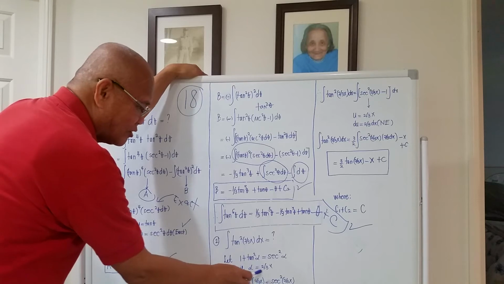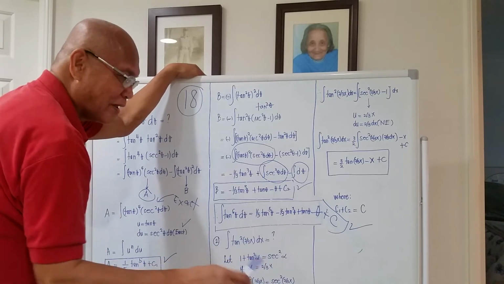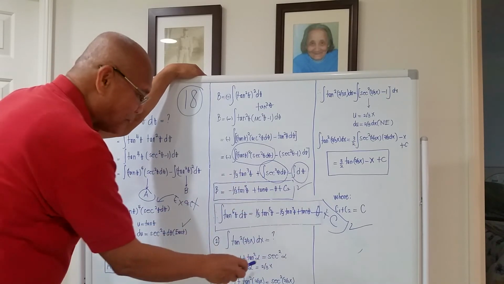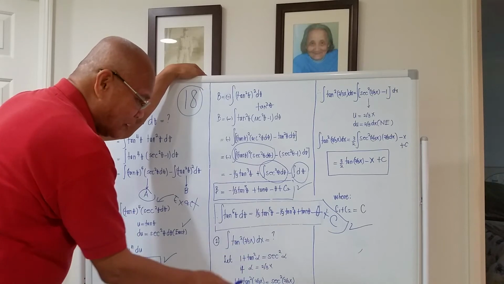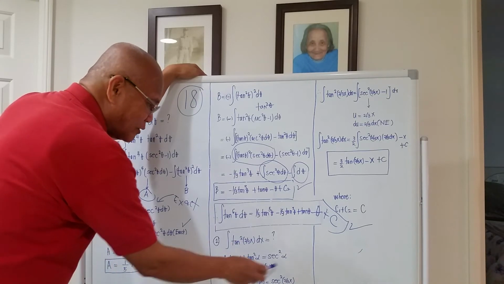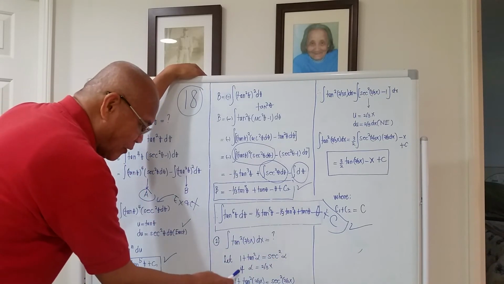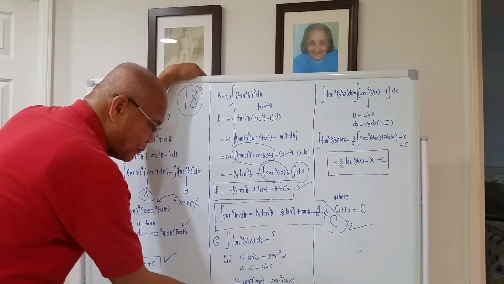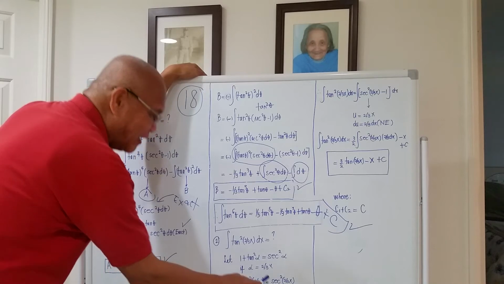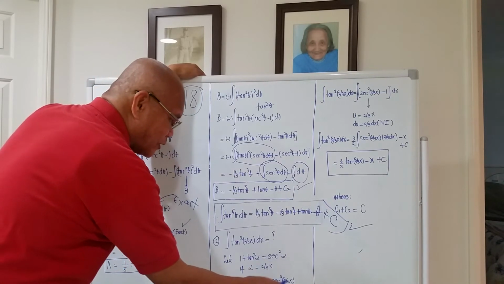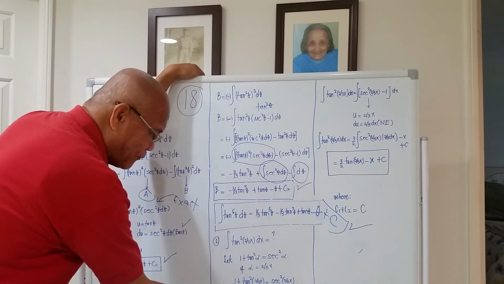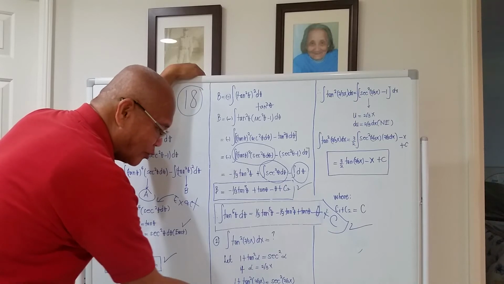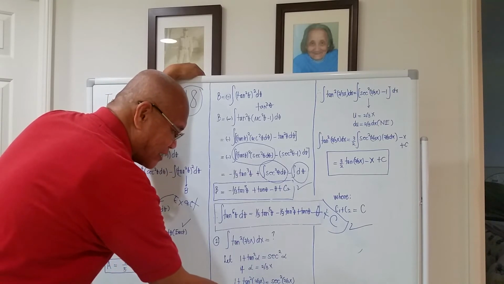But in the given problem, the angle is not alpha, it is 2/3 x. If we replace alpha by 2/3 x, 1 plus tangent square of 2/3 x equal to secant square of 2/3 x. Solving for tangent square of 2/3 x, it will be secant square of 2/3 x minus 1.